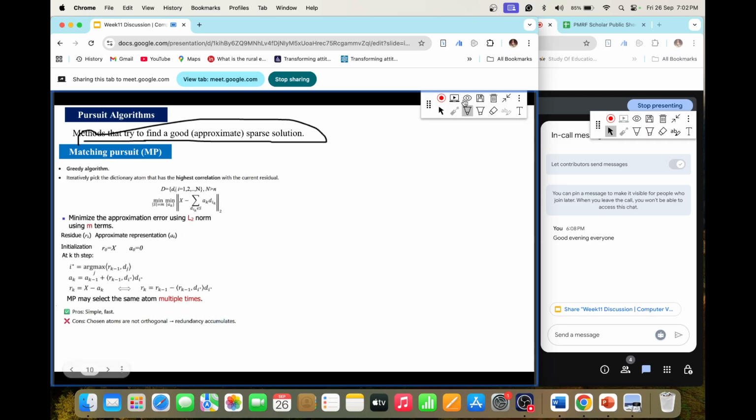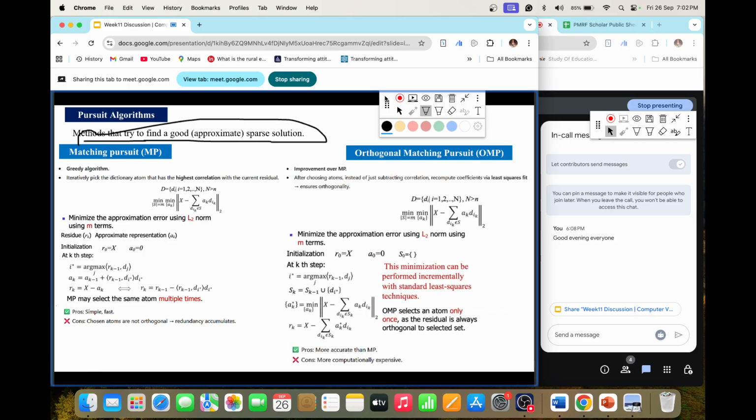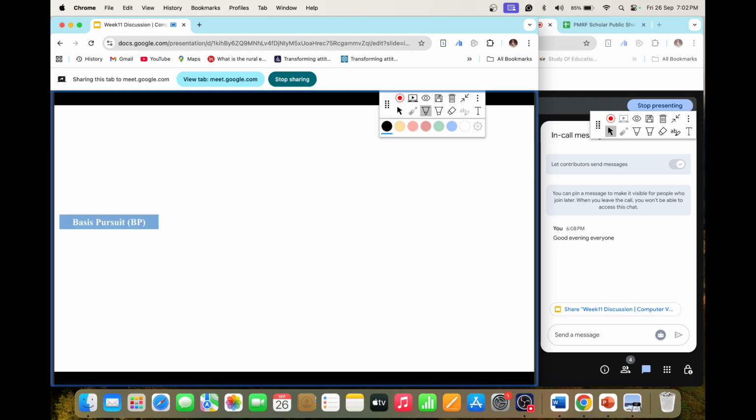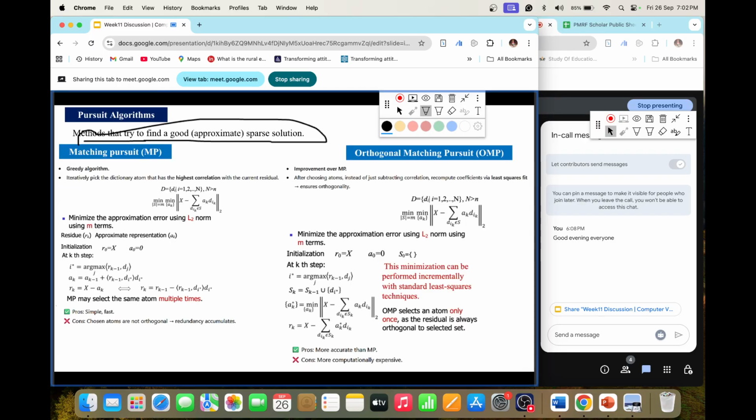So how does a pursuit algorithm work? There are different types of pursuit algorithm. We have MP or matching pursuit, then OMP, then BP. MP is a greedy algorithm. Greedy means iteratively it picks the dictionary atom that has the highest correlation with the current residual.